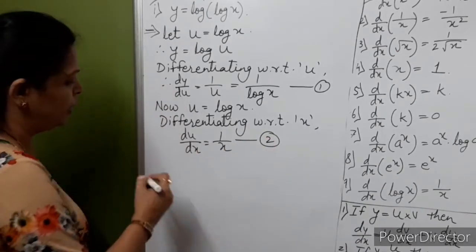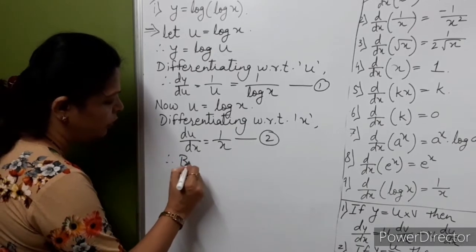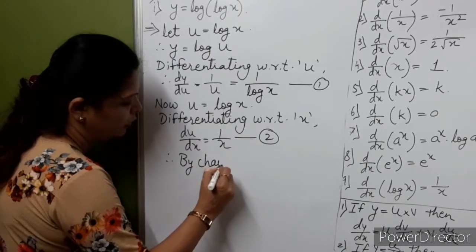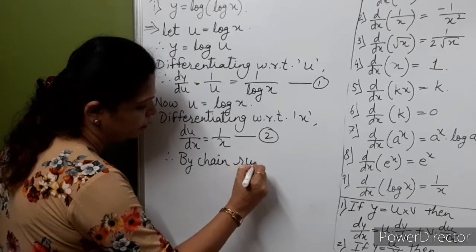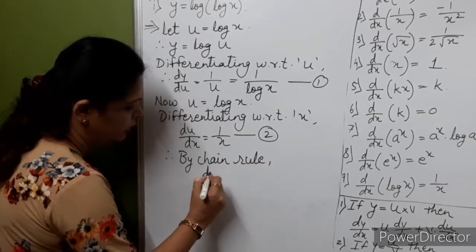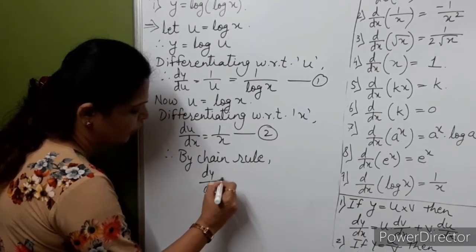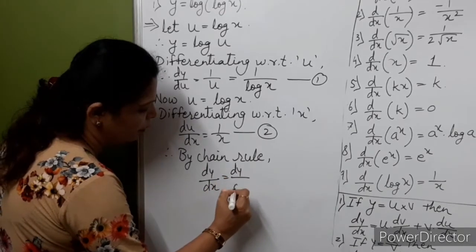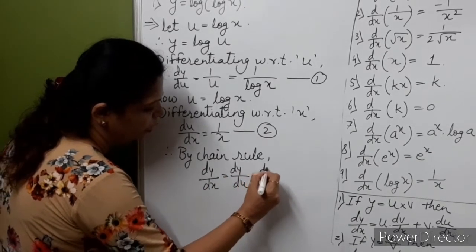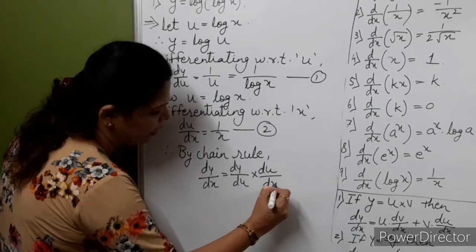Very simple sum. Therefore, by chain rule, dy by dx is equal to dy by du into du by dx.